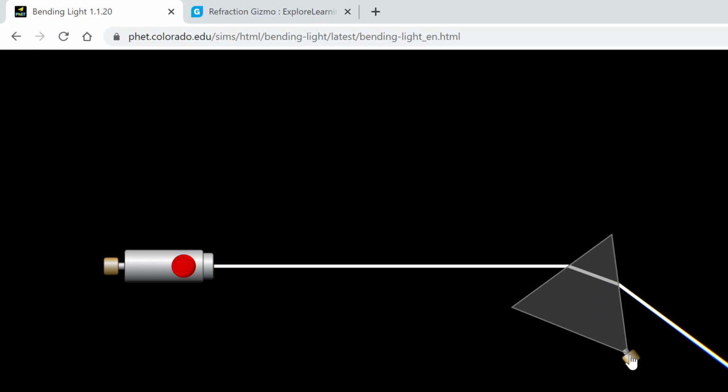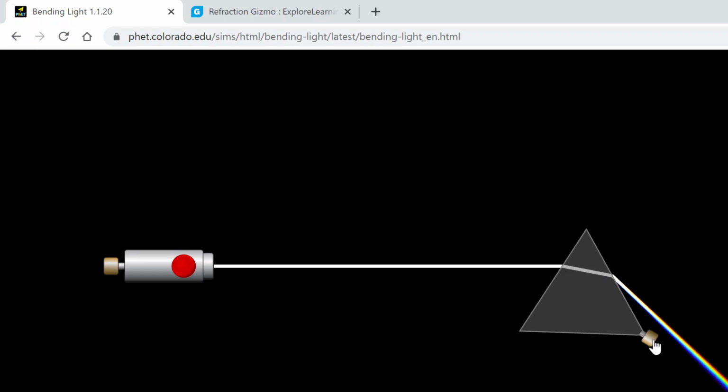Now I can actually exaggerate it. Notice that the white light is separating into the colors of the rainbow. That is connected to refraction because the light is bending through the triangular glass block. But also we're getting a phenomenon called dispersion, where the colors of the rainbow separate out from the white light.